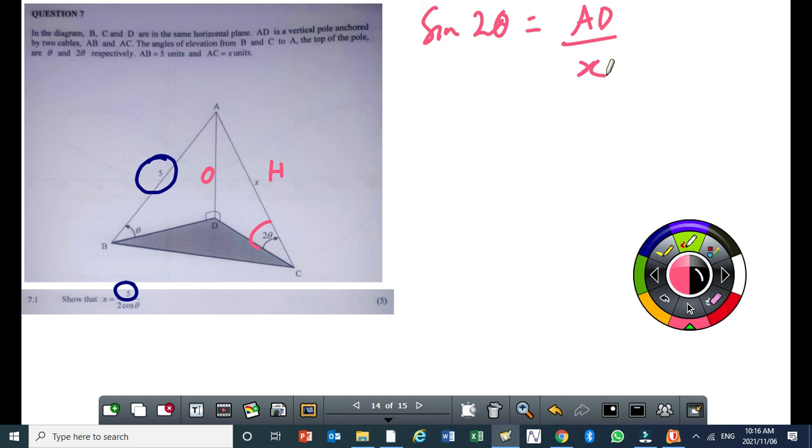Okay? Yes. So AD will be equal to x sine 2 theta. But do we have 2 theta in our equation that we are supposed to show? No. So what do you know about this?